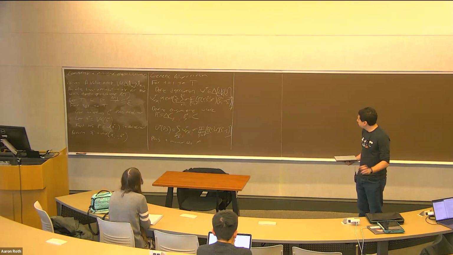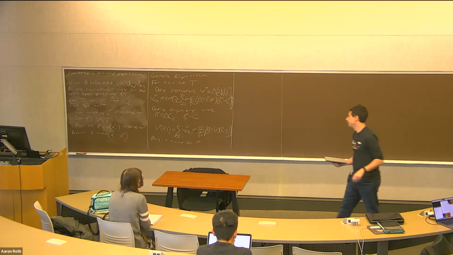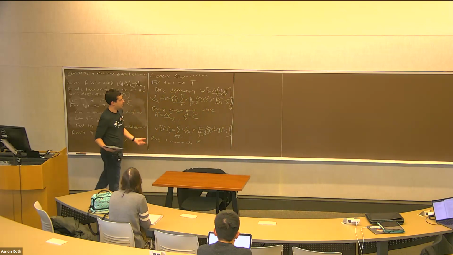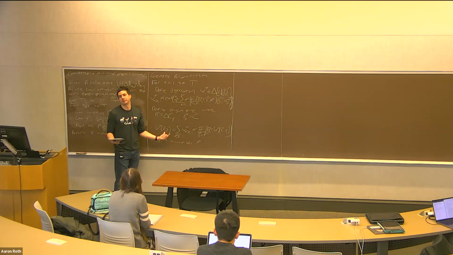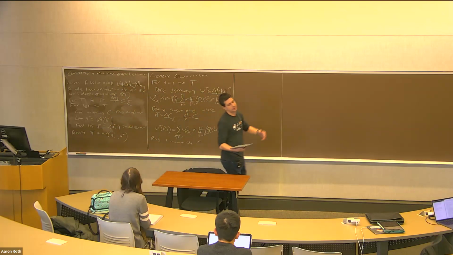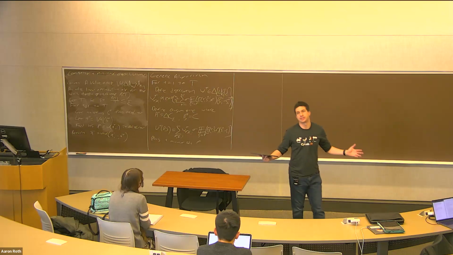Okay, so the only thing we need to verify is that we can represent the problem of getting low regret with respect to this utility function as a d-dimensional online linear cost minimization problem.